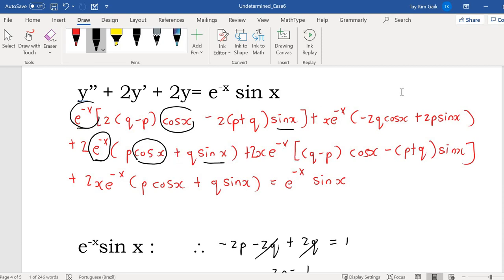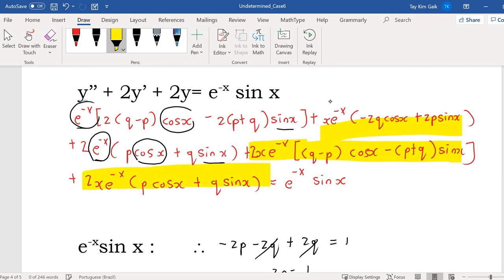This one we don't want to compare, I highlight with you, because this term is all x times x exponent negative x; when you simplify you may get 0. I just concentrate on exponent negative x sin x.